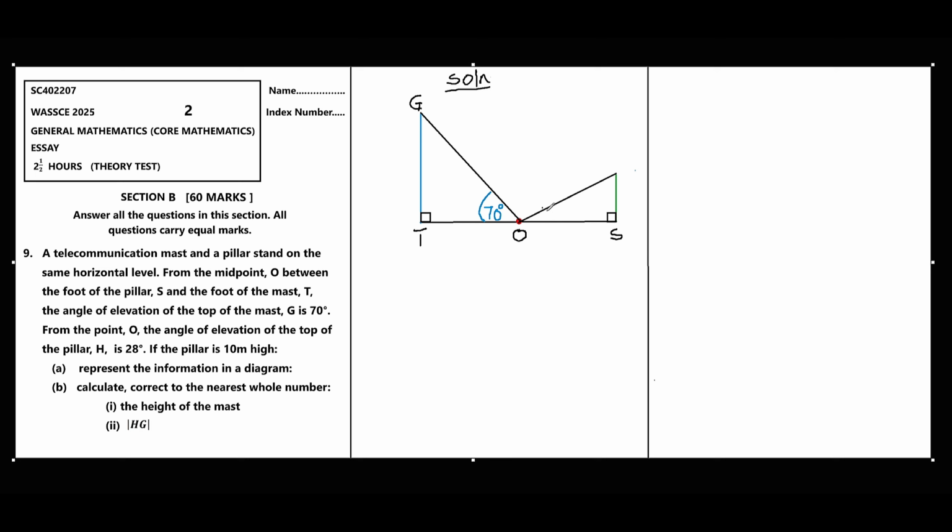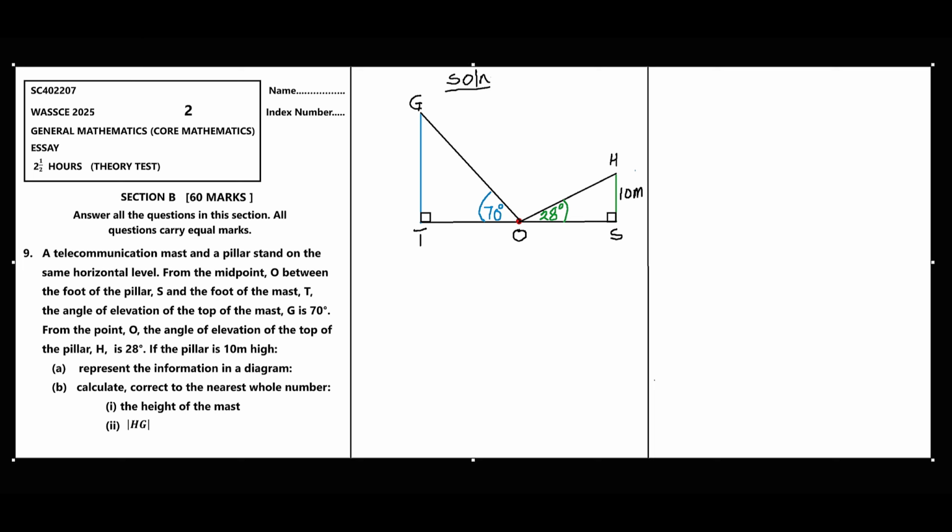So this angle here, that is the angle of elevation, measures 28 degrees from the top of the pillar labeled as H. So we are almost done. Now remember, we are told that the pillar measures 10 meters high. So the height of the pillar, that is line SH, measures 10 meters. So we have also done that.